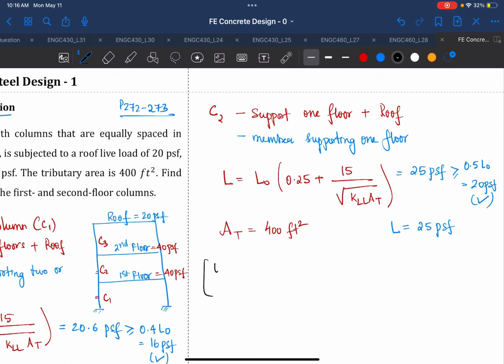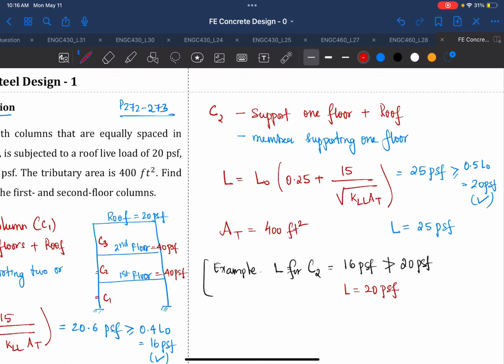Okay, so what exactly does this condition mean? In this example, if the L that you calculated for C2 is, let's say, 16 psf, and this is not greater than 20 psf, which means that you have to use L equal to 20 psf in your design for the C2 member.